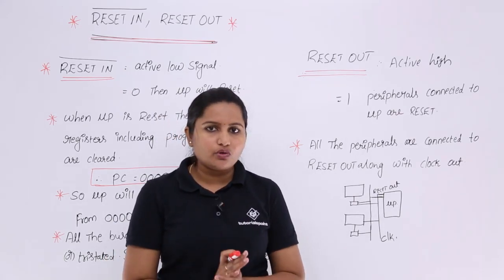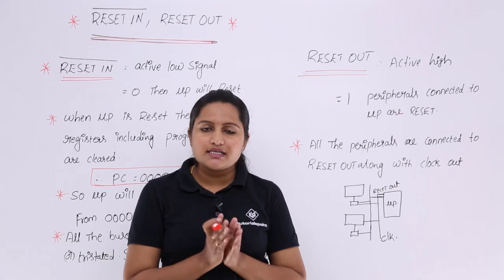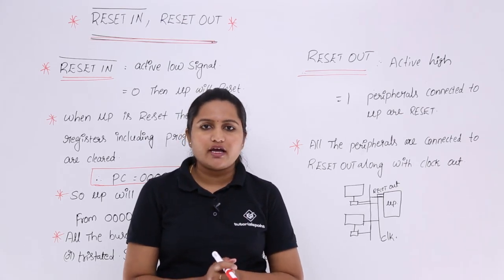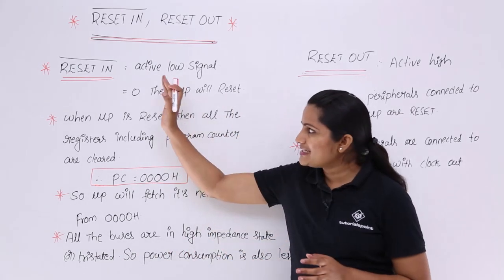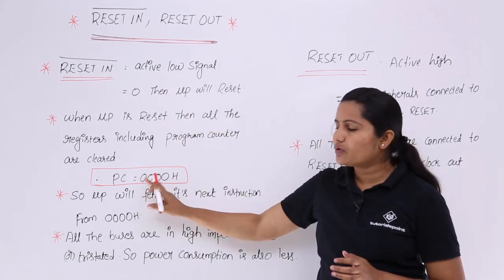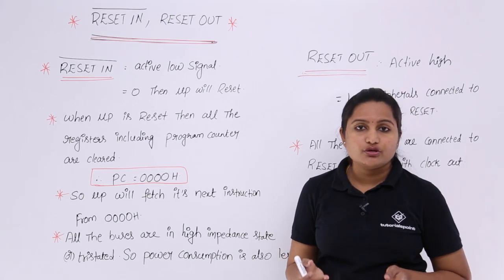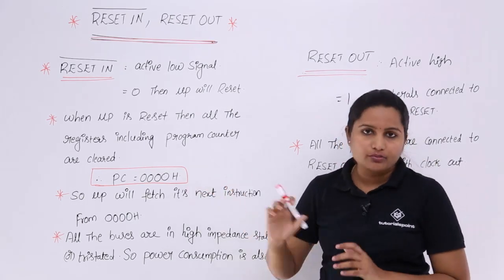So, this is about your RESET IN and RESET OUT pins in the 8085 microprocessor. These are very important. The only thing is, after RESET IN is equal to 0, the program counter value is equivalent to 0000H. This is a very important point.